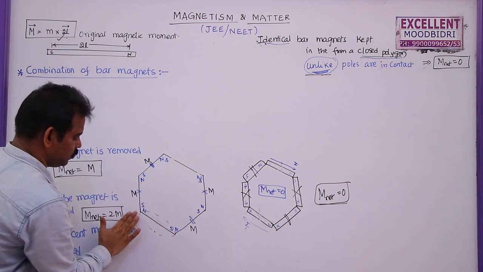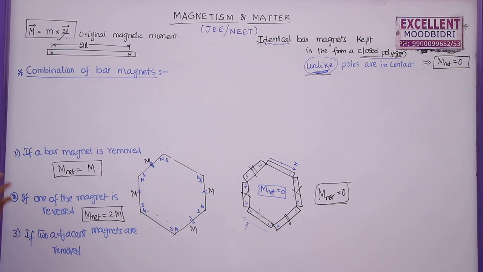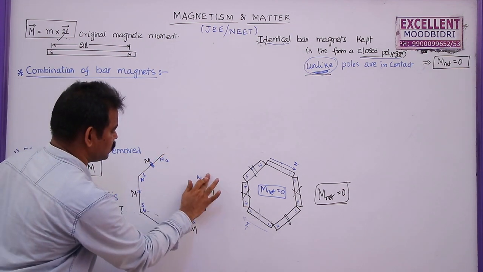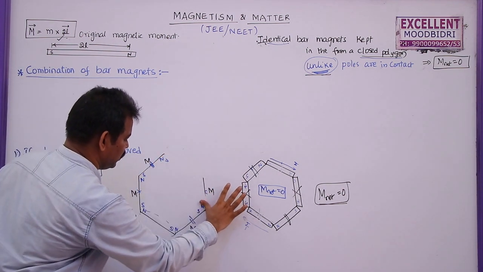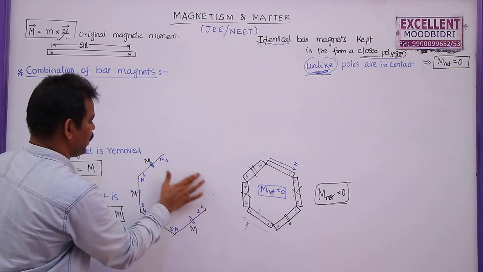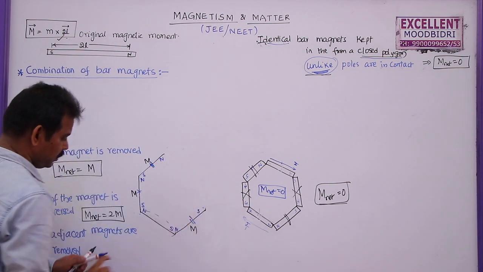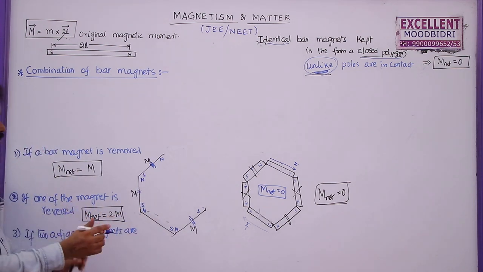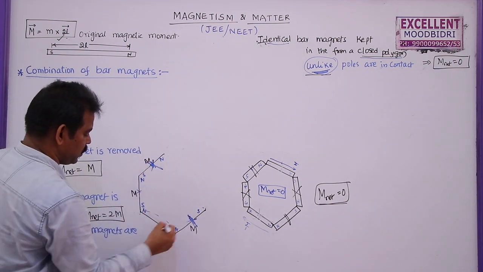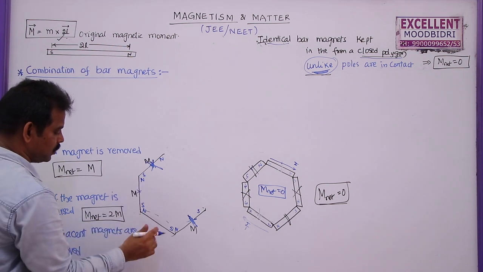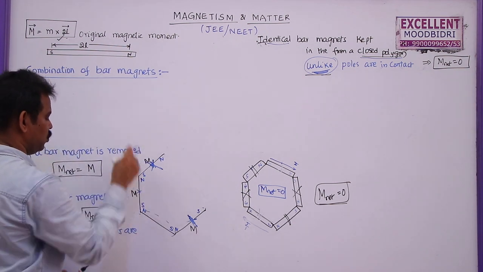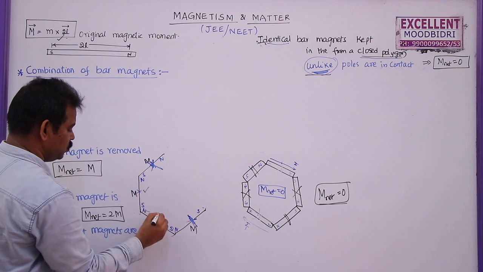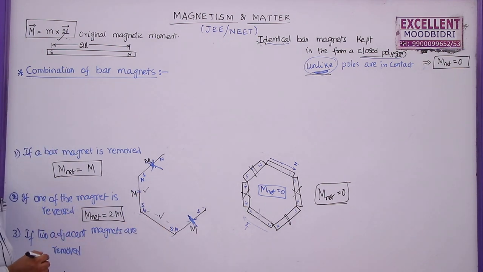Now I am going to remove two adjacent magnets, this magnet as well as this magnet here. If I remove two adjacent magnets, you can see this magnet and this magnet have magnetic moments in opposite directions. So these two will be cancelled. So the remaining two magnets are available now.